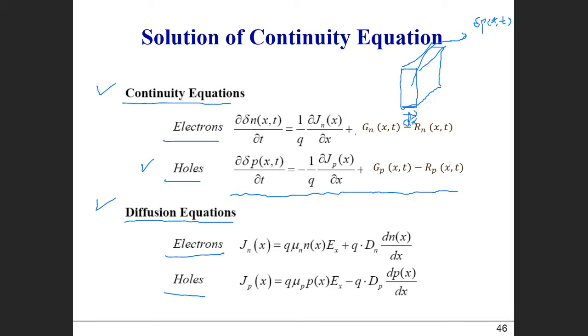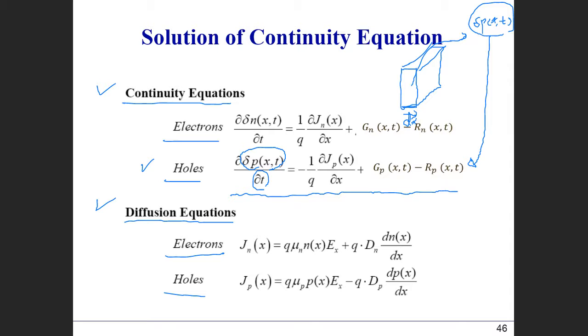Now, if we formulate this change, it will follow this equation. If you look at the equation carefully, it tells us the hole concentration change in terms of time.